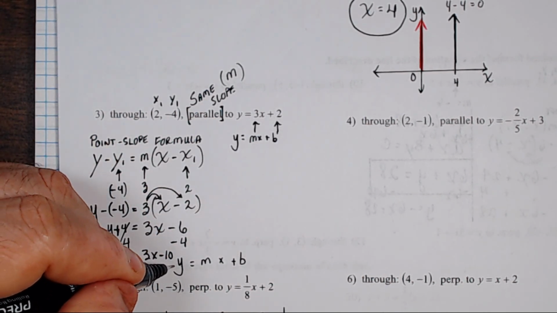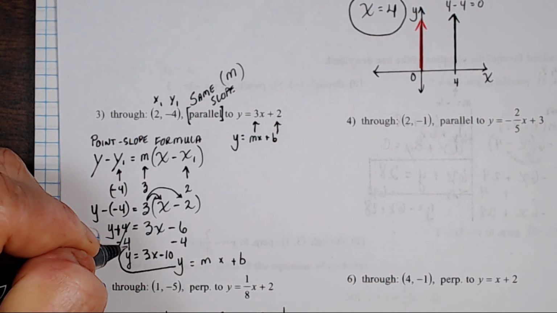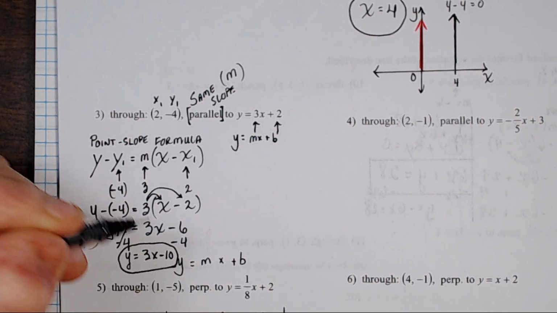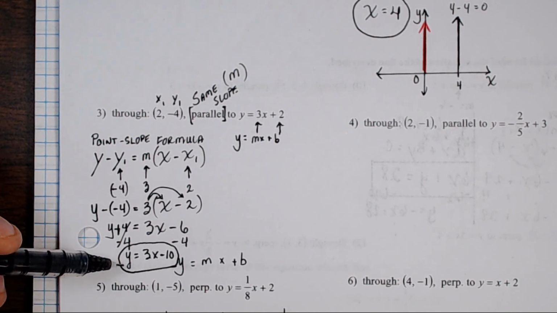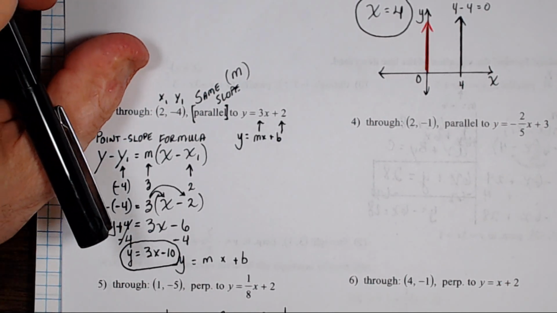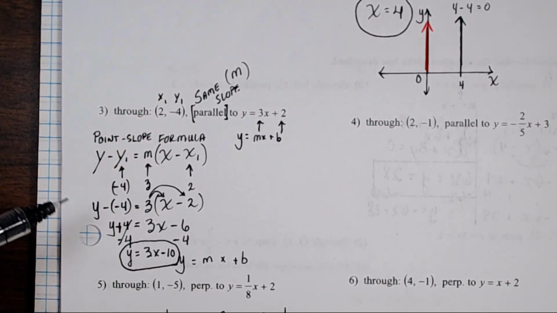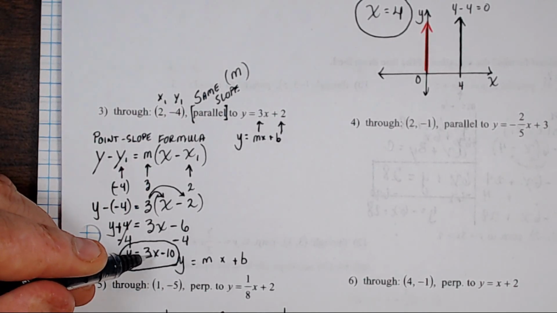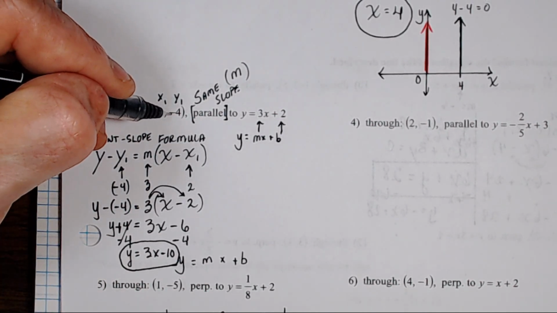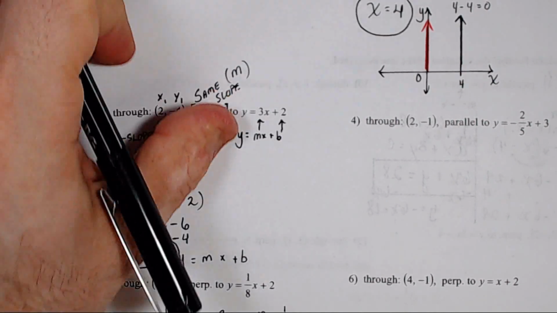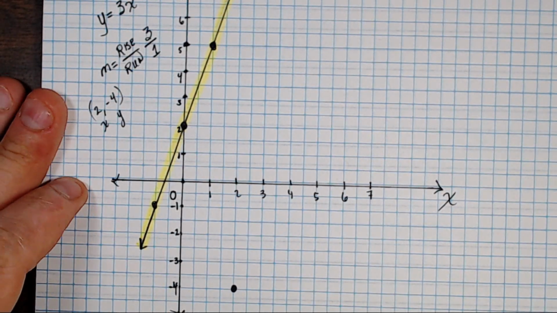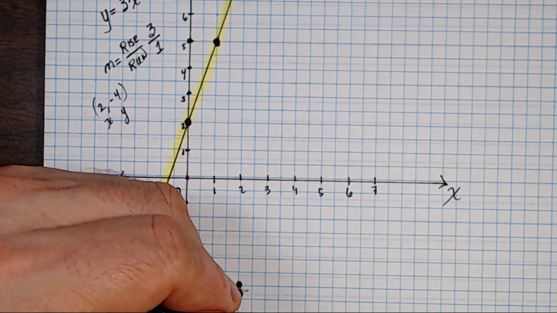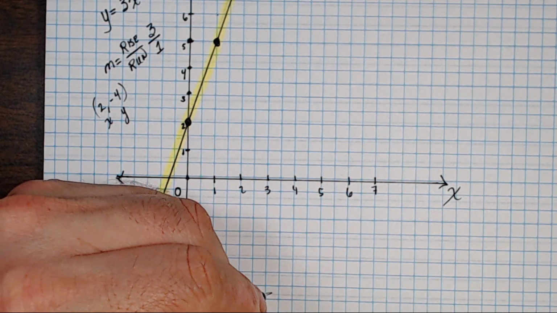This is actually in mx plus b form, isn't it? And that is the equation of your parallel line. So real quick before you go, let's plot this out. y equals 3x minus 10. What we hope is that this passes through 2 comma negative 4. So this is 2 comma negative 4 right here.